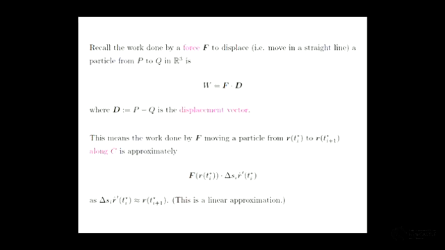But if we had instead vectors, if this was a curve given by r(t), if I went to here, for example, t_i asterisk, and I wanted to know what r(t_{i+1}) is, I can instead use the linear approximation.